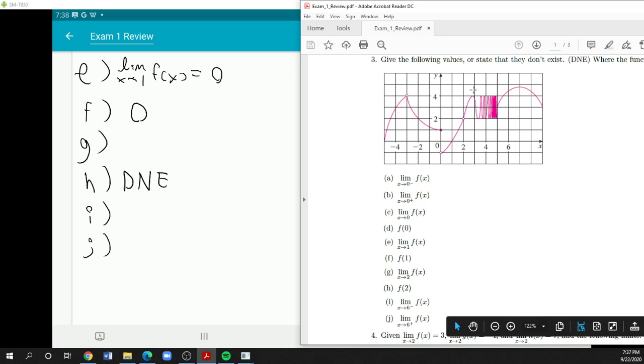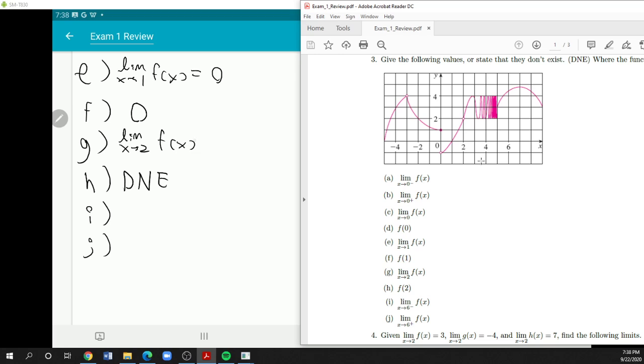So if we look at what's happening close by, we have that the limit is equal to 2, because that's what we're getting close to. So this is what's referred to as a removable discontinuity. The limit as x goes to 2 of f of x is equal to 2.